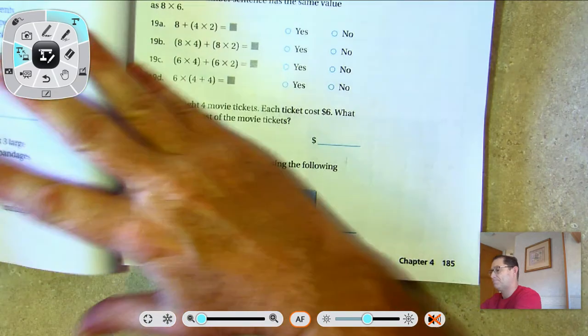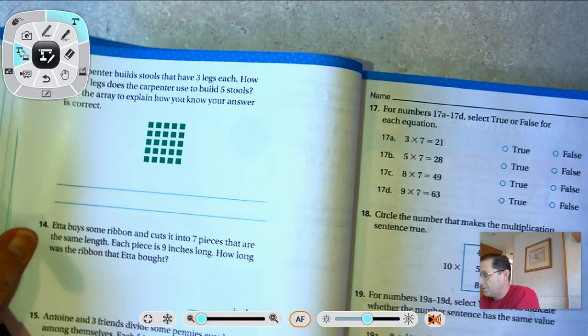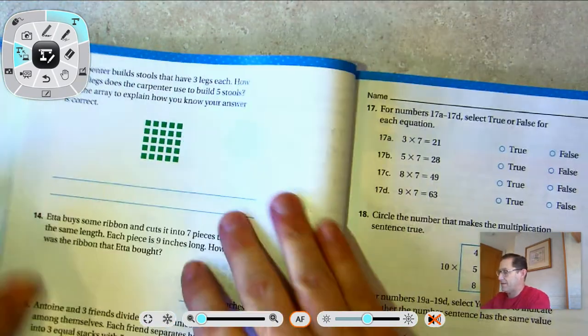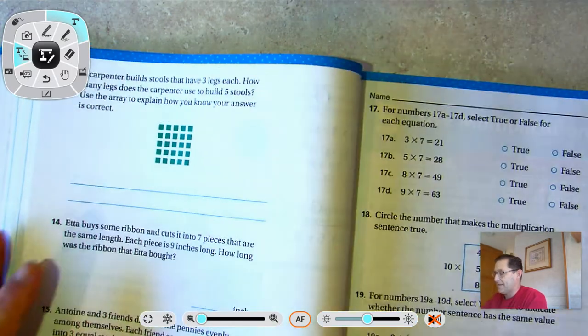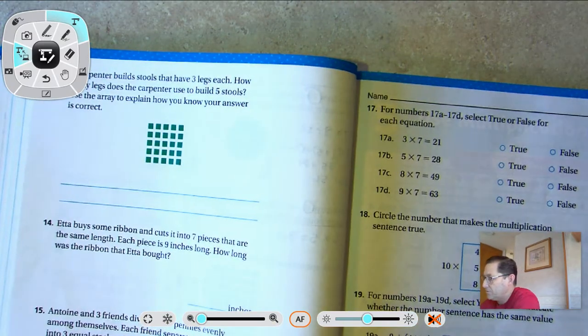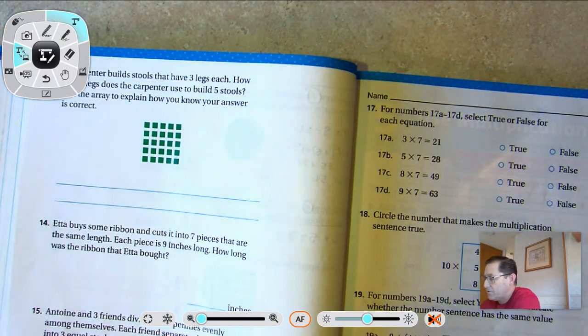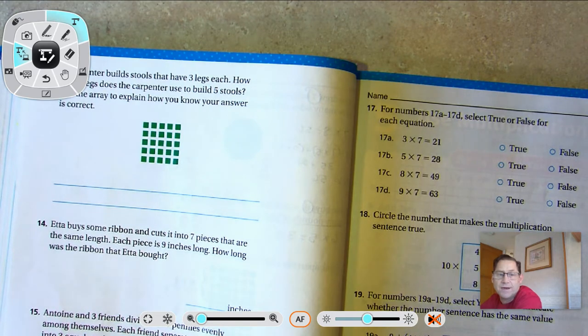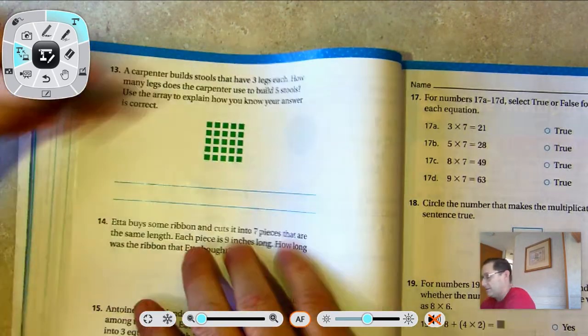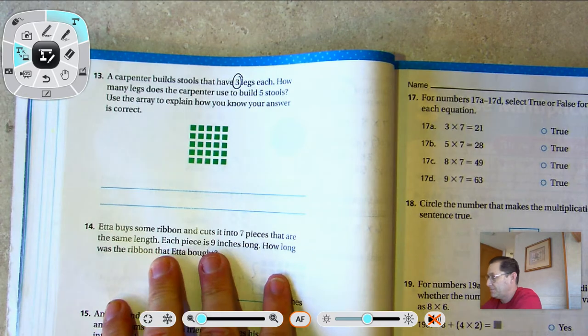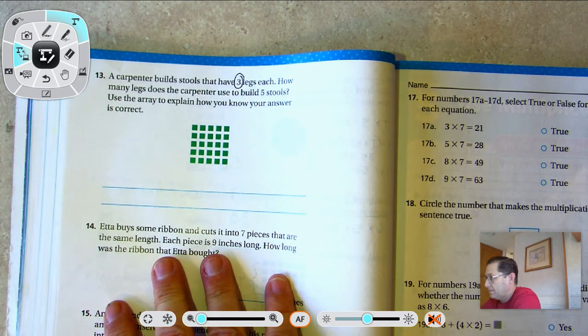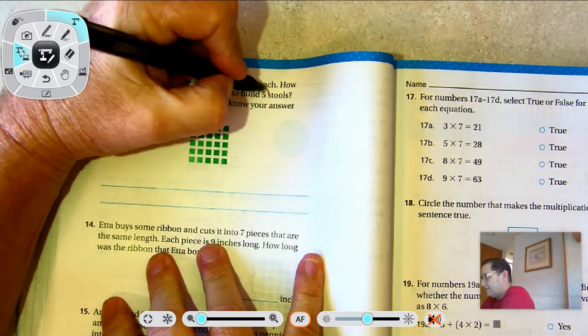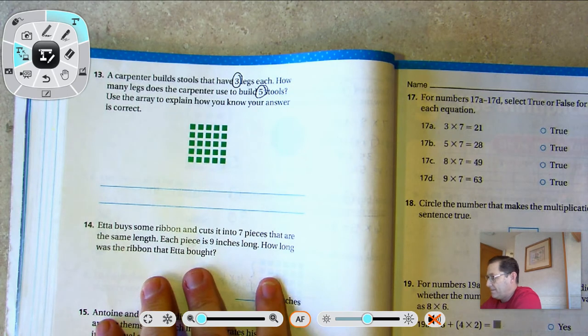Page 184. A carpenter builds stools that each have 3 legs each. How many legs does the carpenter use to build 5 stools? Use the array to explain how you know your answer is correct. All right, so stools have 3 legs each. How many legs does he use to build 5 stools?